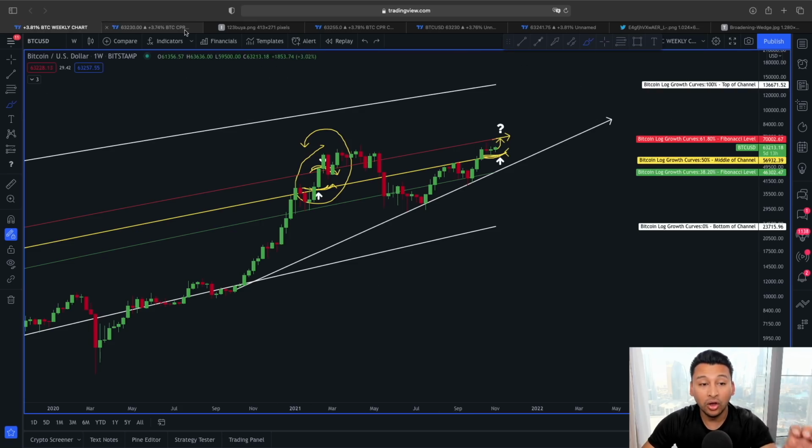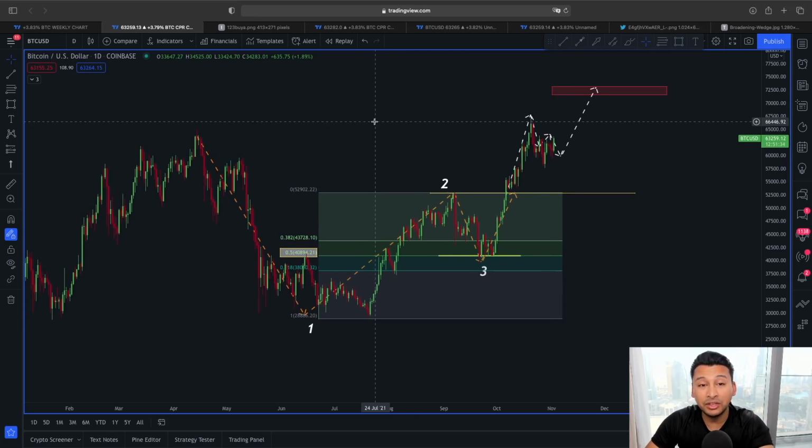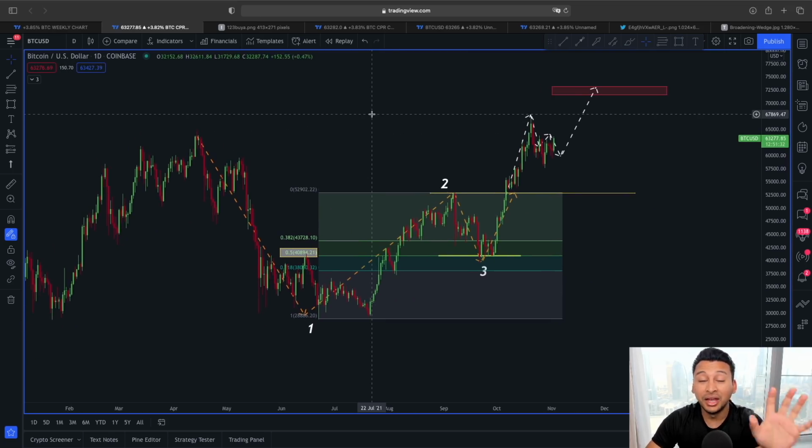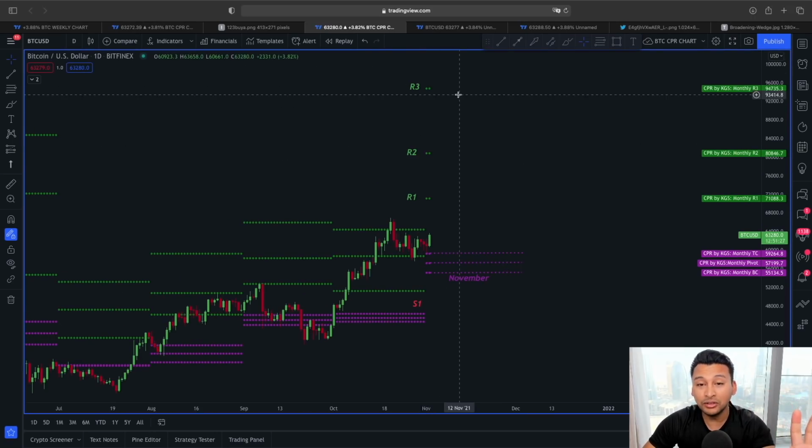So that's why, according to this Bitcoin logarithmic growth curve and also according to this 1, 2, 3 reversal pattern, right now the 70,000 price range could be on the line in the upcoming days for Bitcoin. But if you have watched my video from yesterday, we were talking about 90,000 until the end of this month. I'm not just saying that randomly, because the numbers we are witnessing here are the pivotal point.